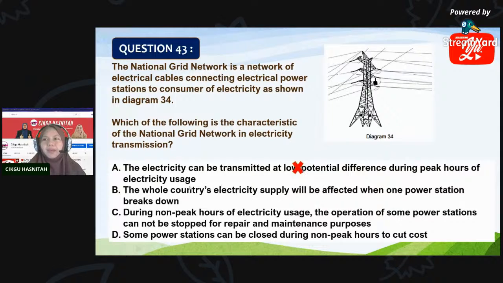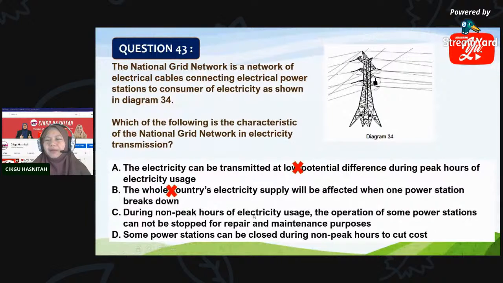Now look at B. The whole country's electricity supply will be affected when one power station breaks down. Is it true? The answer is wrong, because if one power station breaks down, the electricity will be supplied from another station.